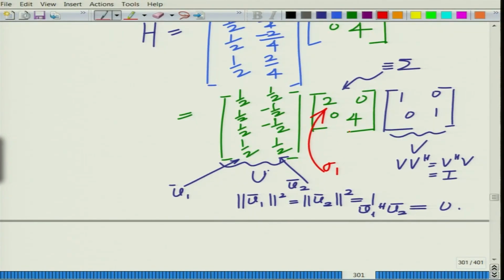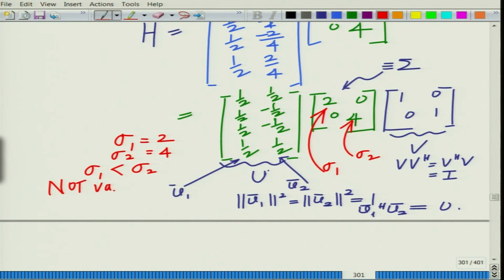So, sigma 1 equal to 2, sigma 2 equal to 4, and therefore, sigma 1 less than sigma 2 implies this is not a valid SVD.